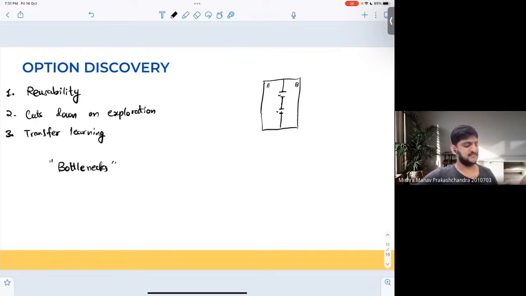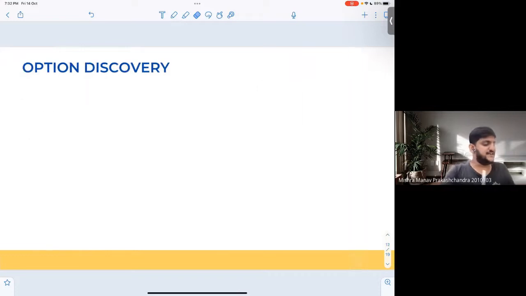So these bottlenecks are some sort of a desirable state that we need to discover more and more. So this is what option discovery is all about. Sir has mentioned different methodologies for making use of these bottlenecks.